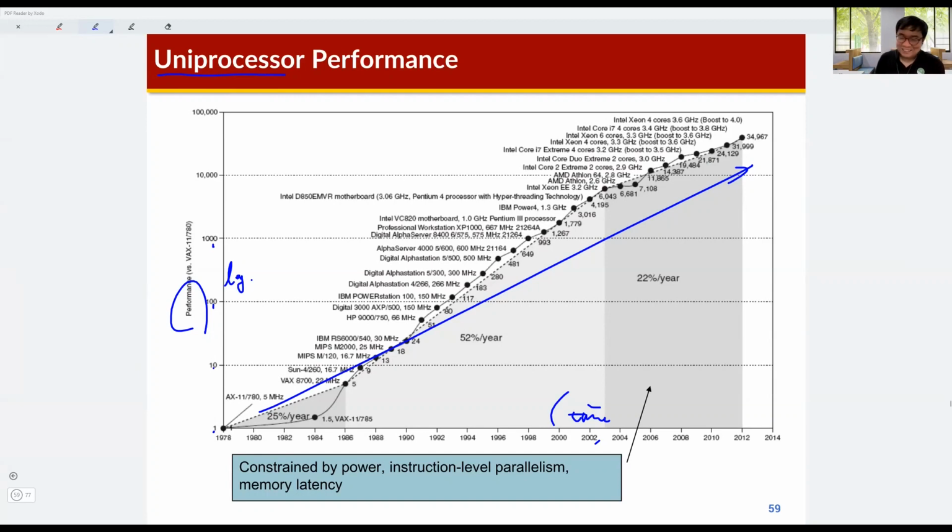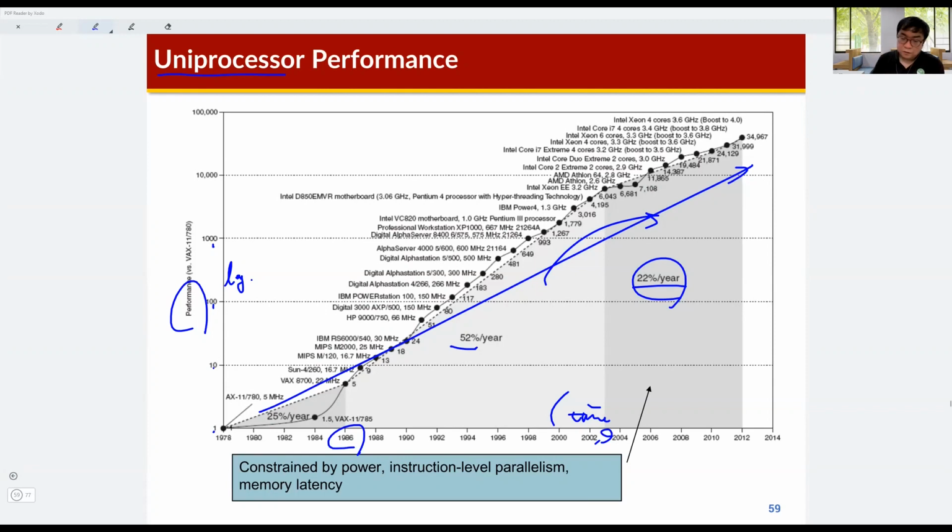And it's very dramatic actually. But as we see the trend, from 1980 to early 2000, the performance increased by 52% per year. But after that, the performance increased by 22% per year. So that means the performance increase by single core processor is slowing down.